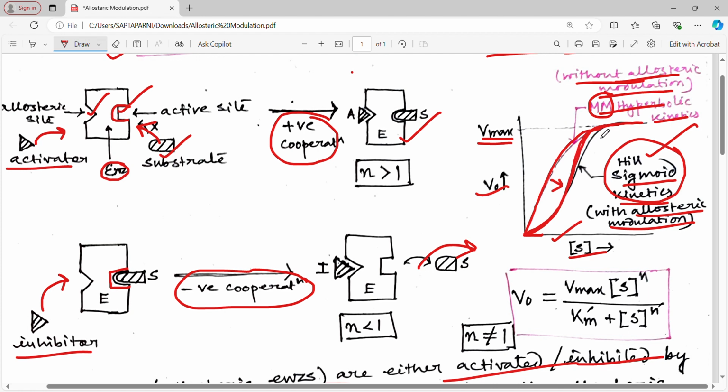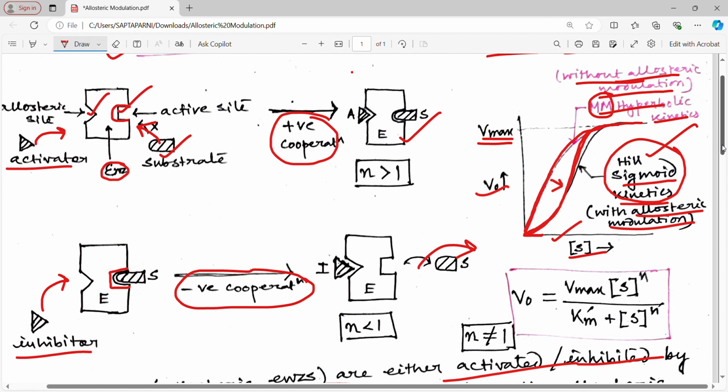But in case of Michaelis-Menten kinetics, the concentration of substrate and the velocity of the enzymatic reaction are almost directly proportional. That is why this hyperbolic curve is formed.